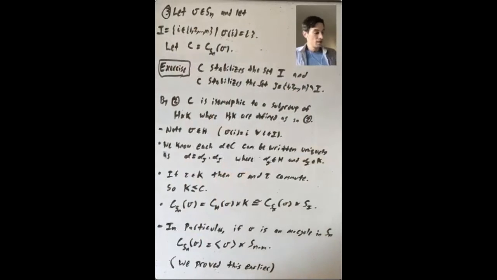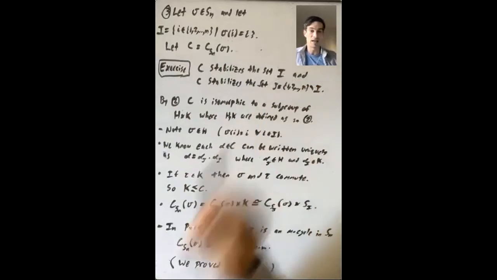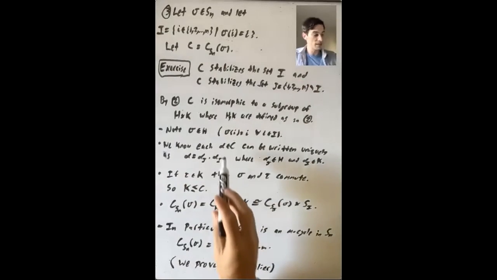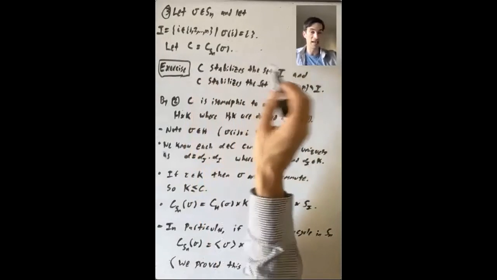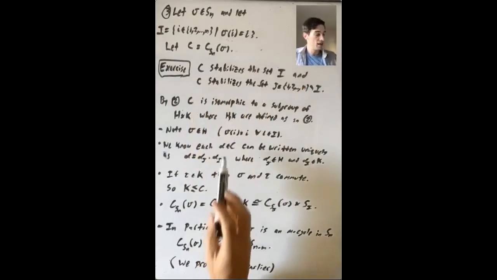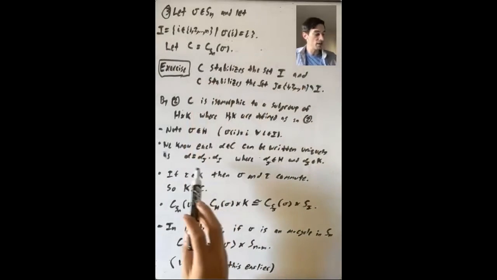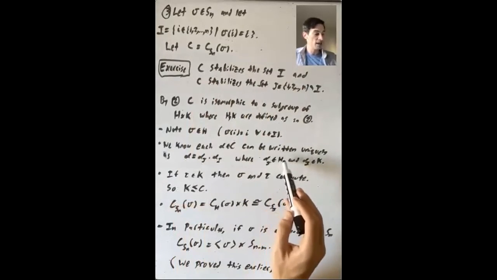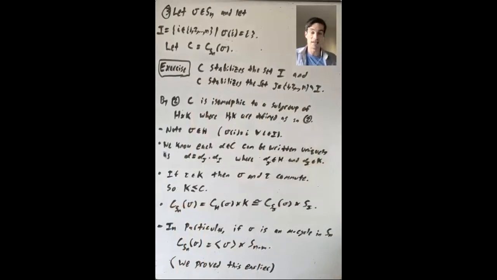And now, what do we know? Well, we know that inside of the setwise stabilizer of I, you can write every element as a product of two permutations, one that first permutes the elements of J, and then another that just permutes the elements of I. So another way to say this is because C is contained in this setwise stabilizer of I, any alpha in C can be written uniquely as a product alpha_J times alpha_I, where alpha_J is in the pointwise stabilizer of I. So it permutes around the things in J and leaves the things in I fixed.